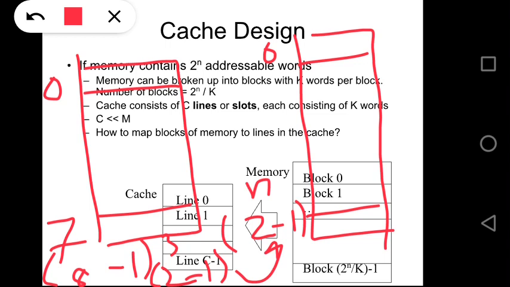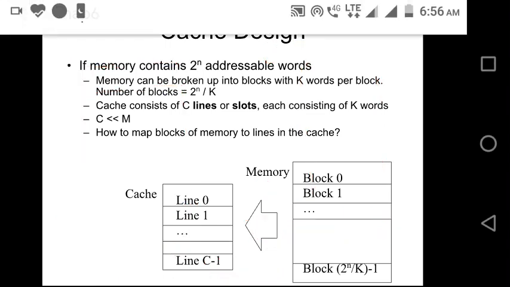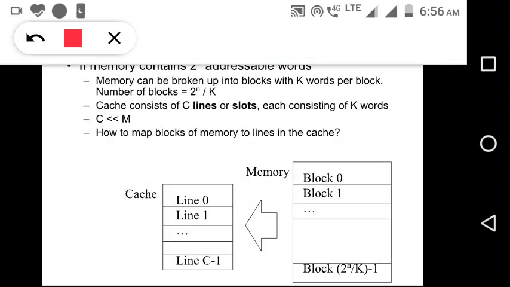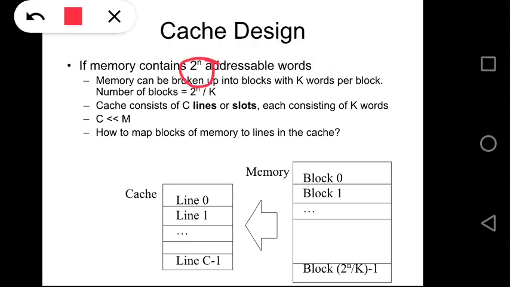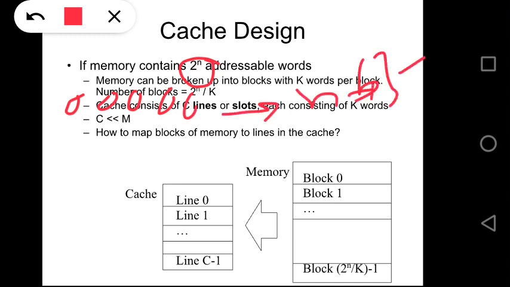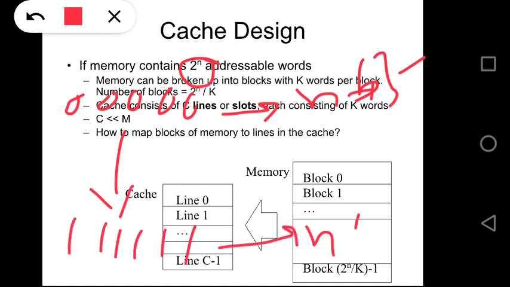The main memory, or physical memory, or RAM, has been divided into 2 power n words. What would their addresses be? The first address would be 0000, n bits. The last address would be 1111, n bits.